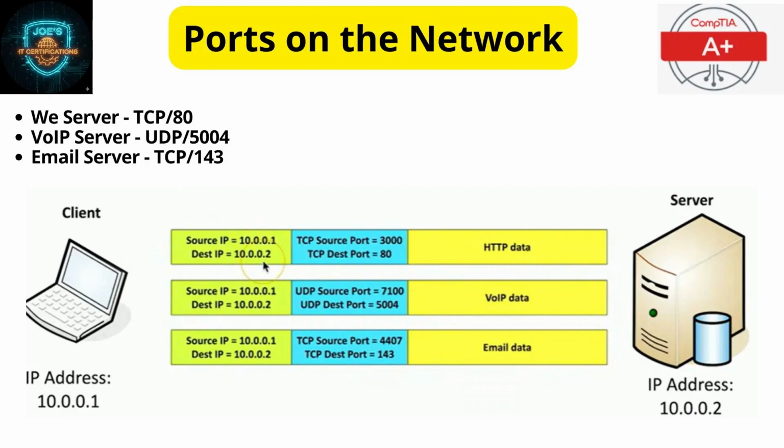But notice that the source port is using a random number, and each of these traffic flows is using a very different source port. That's because those are ephemeral ports. They're temporary ports that we're simply using to be able to send this information to the server and receive information back.